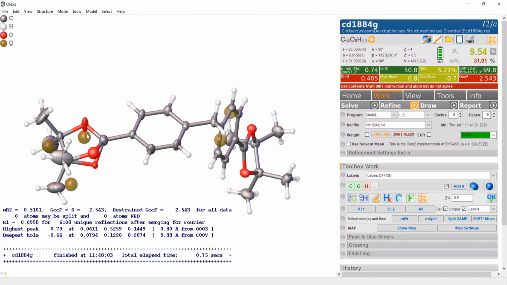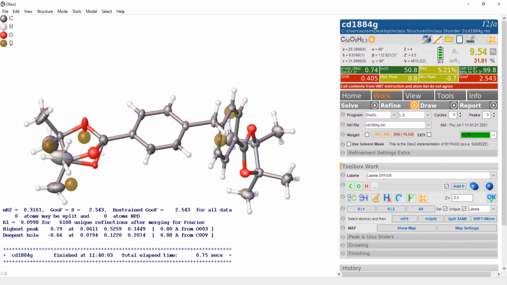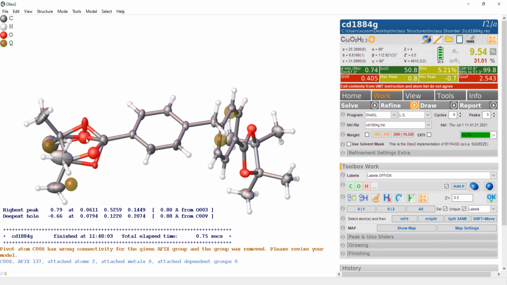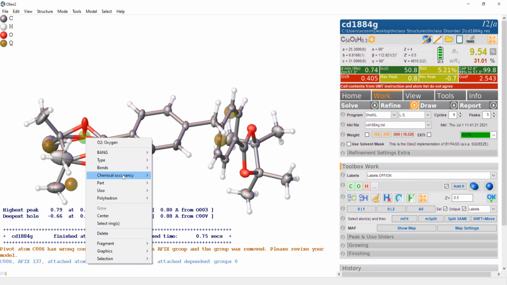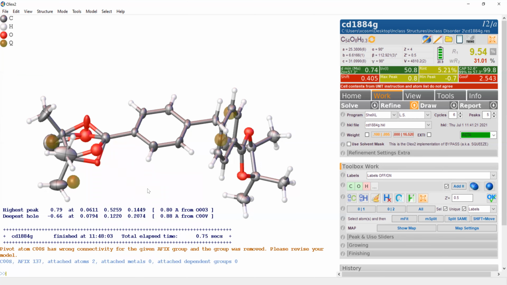So you see here Q1 is the largest Q peak, and it's off of this oxygen atom here. So what I'm going to do is change the occupancy of this oxygen atom to 1/2, label this as an oxygen atom, and change it to 1/2 to see if that helps with the thermal ellipsoids.